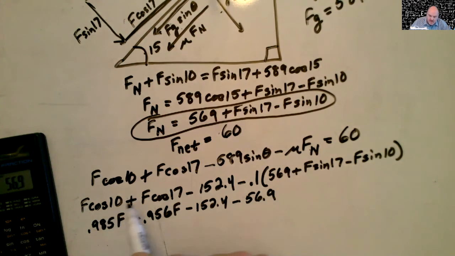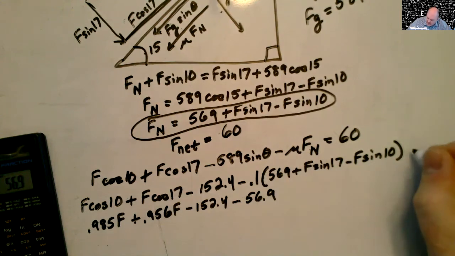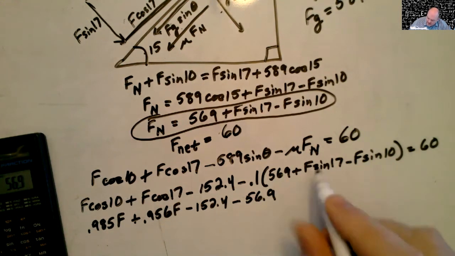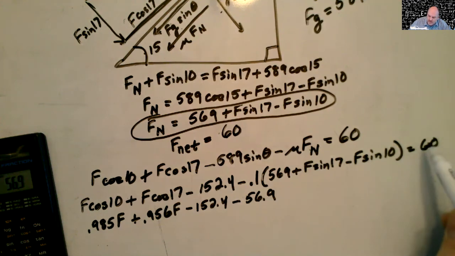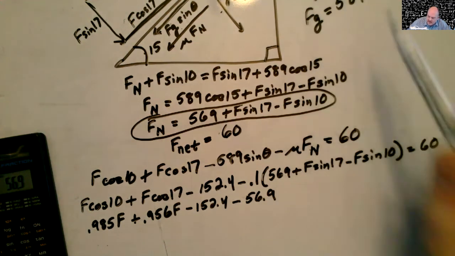By the way, this whole thing equals 60, because I just put this whole thing in for the Fn. That whole thing equals the net force, which was m times a, 60.